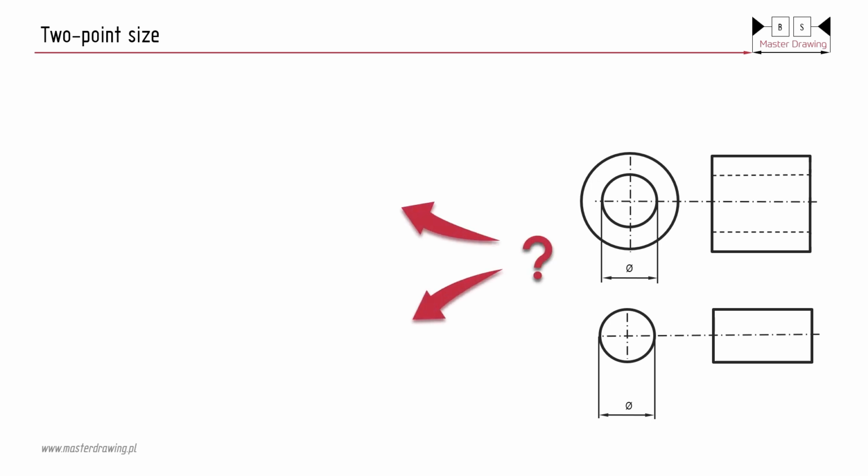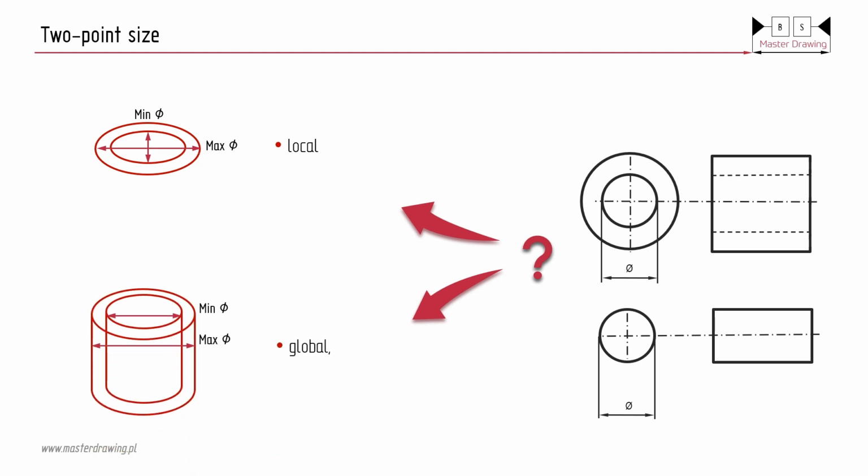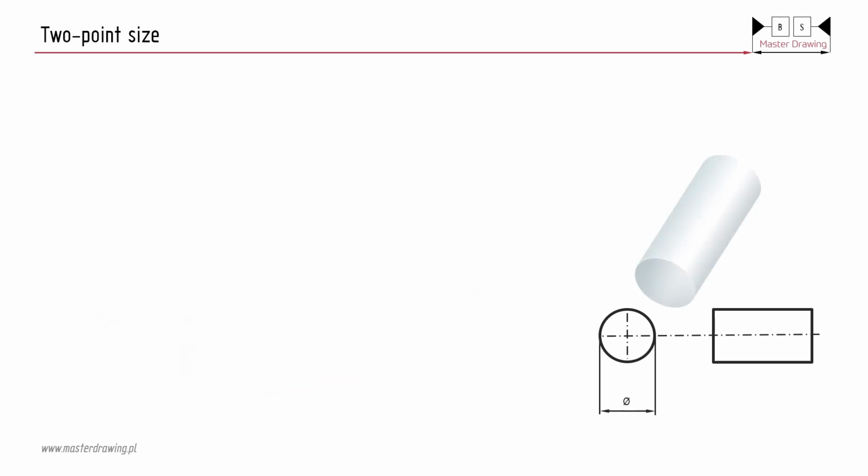Each of them can be interpreted in many different ways, starting with local size, which has non-unique results of evaluation along and around a feature, through global size, defining a unique value along and around a tolerance feature, up to many possible interpretations.